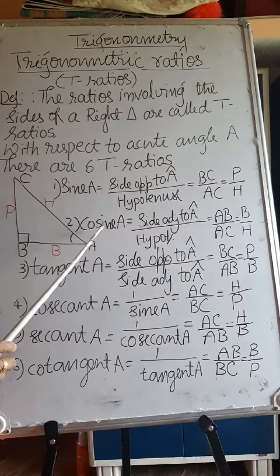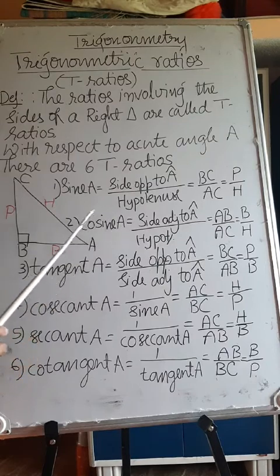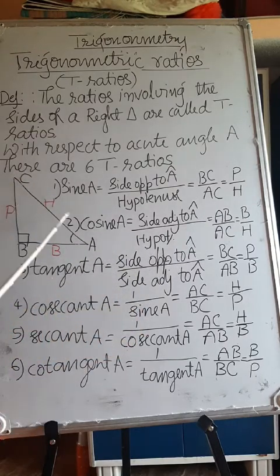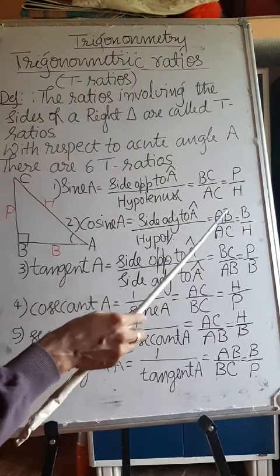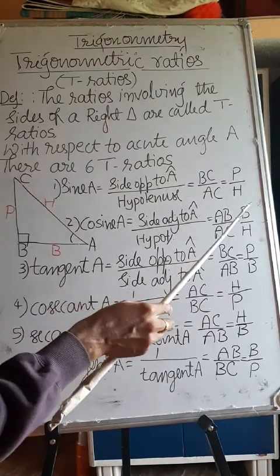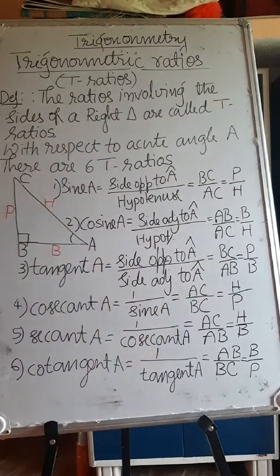Second ratio, cosine A. What is cosine A? Side adjacent to the acute angle. Which is the side adjacent? AB, once again divided by hypotenuse AC. Therefore, the side adjacent to the acute angle is the base, so base divided by the hypotenuse is the cosine A. Third one, tangent A. What do you mean by tangent A?